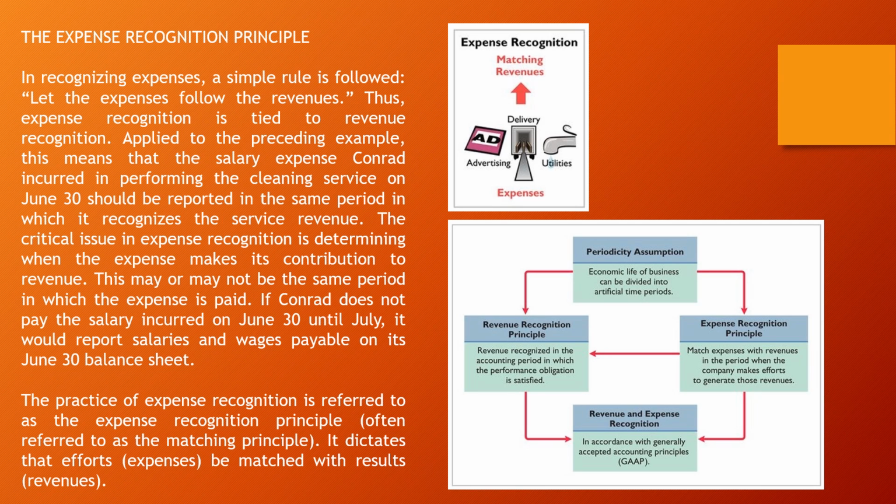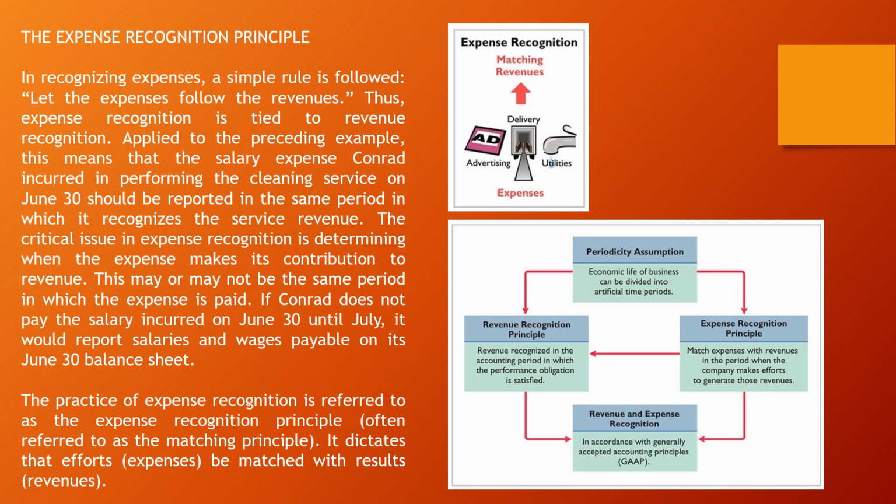It dictates that the effort, the expense, be matched with the resulting revenues. So expense recognition would look like this: we have advertisement expense, utility expense, and delivery expense, and then we match them up with the revenues for delivery. So that's how we recognize that.